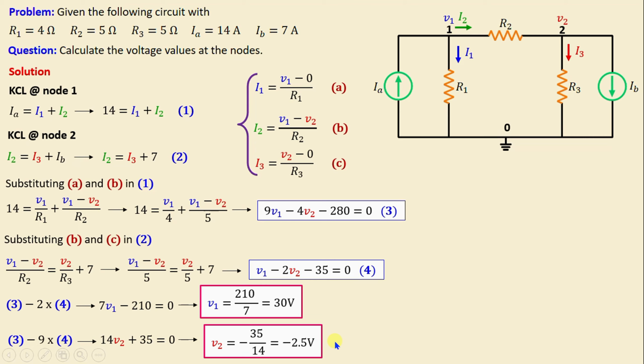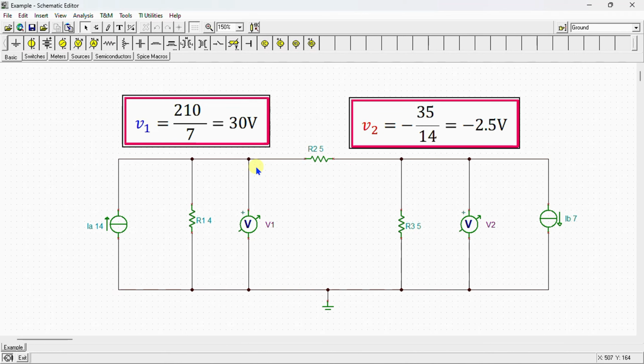After completing the calculations, we conduct a simulation using SPICE to verify our results. Now let's proceed to the SPICE environment. Here is our network drawn in the SPICE simulator. We can see here the independent current source IA and the independent current source IB, and resistors R1, R2, R3.